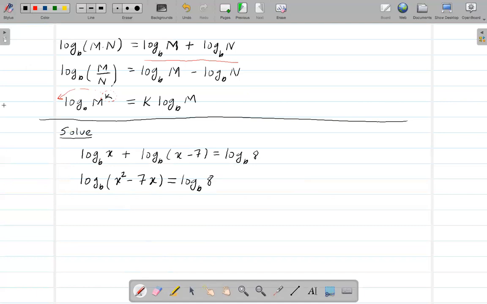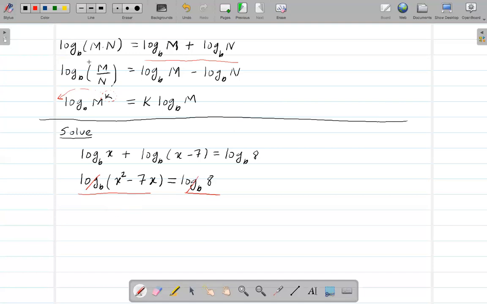Right, now after this, I have just a log on the left-hand side and just a log on the right-hand side. If you have just a log on one side and just a log on the other side, and this log has base b and this log has base b, so these two have the same base, then I can easily get rid of the log.